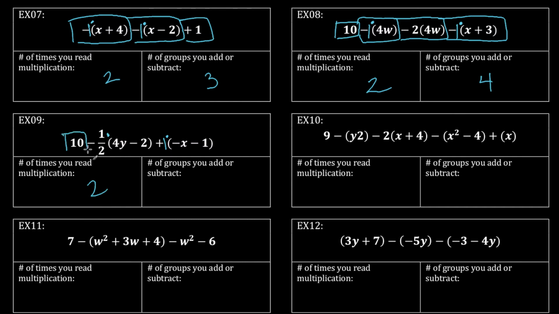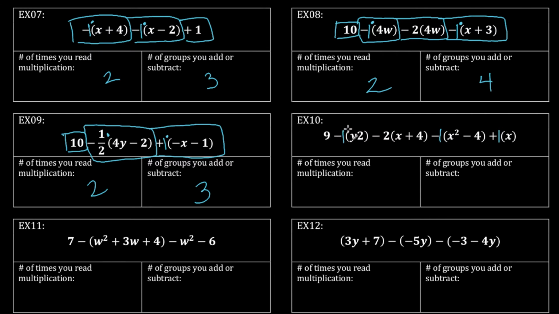So we start off with 10, and I take away half times 4y minus 2, and I add negative x minus 1. So we have multiplication here and here, that's how I got the 2, and now I have 3 groups. Let's see. So there should be a 1 here, there should be a 1 here, and even here we can put 1.